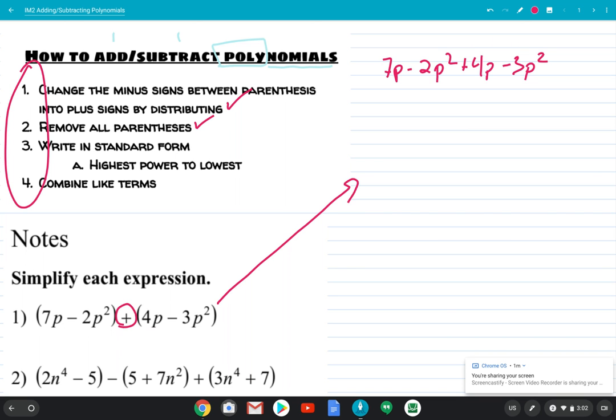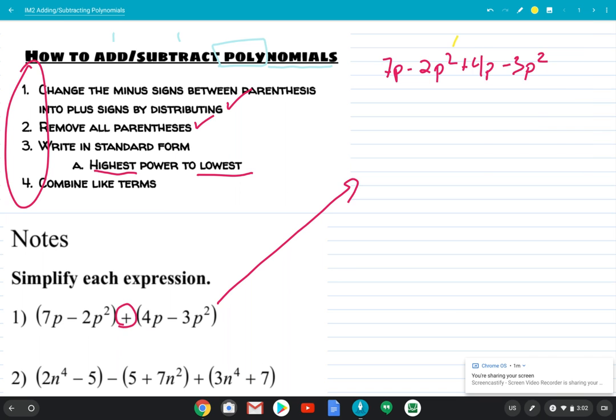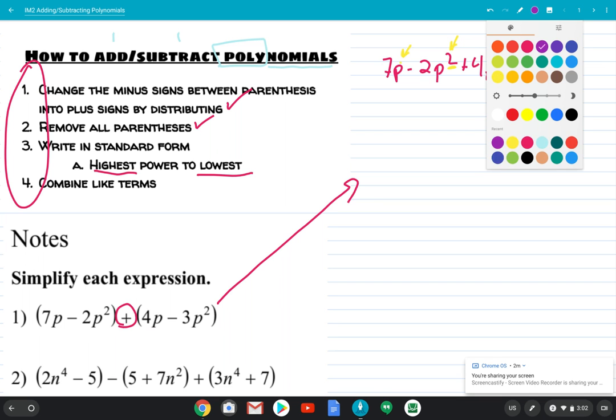Then I'm going to write in standard form, which means going from highest power to lowest power. When they say highest power, they're talking about these. These are my powers. My highest powers are the 2's. My lowest powers are these invisible 1's. So I'm going to start with the 2's and write them first.